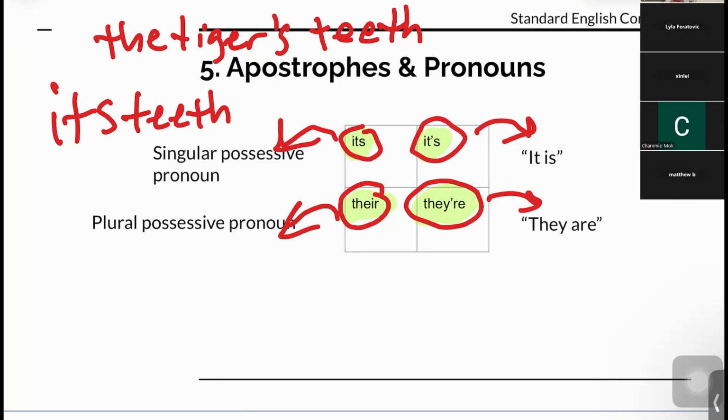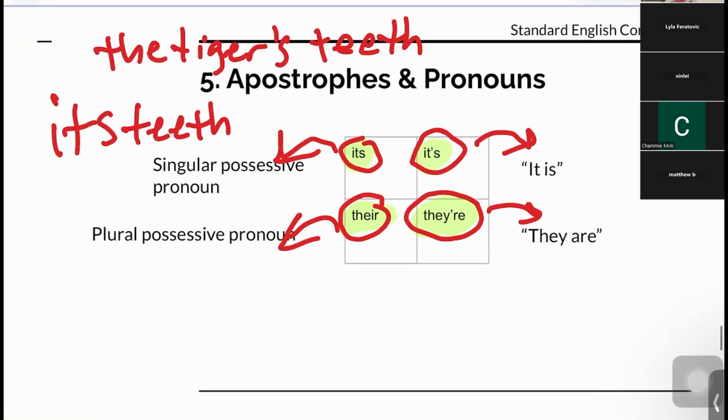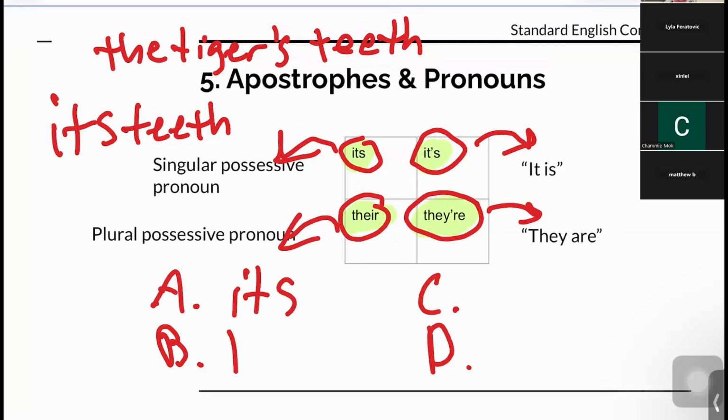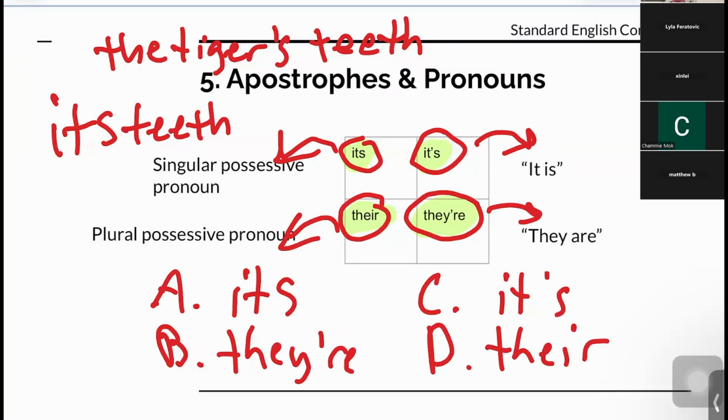Its is singular and their is plural. So to lock that in, you will see questions on the SAT that have their answer choices look exactly like this. This is the exact thing they're testing you on. So keep this table etched in your mind somewhere. No apostrophe means it's possessive, and an apostrophe means it is, or they are. It is a contraction, two words.